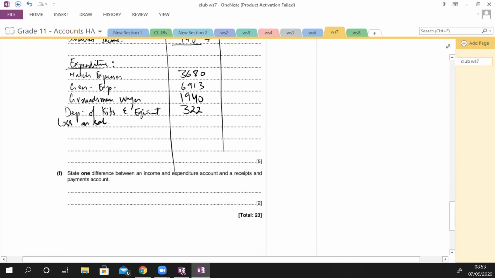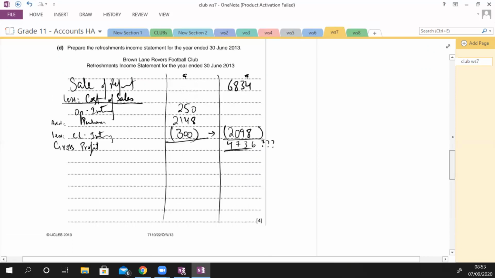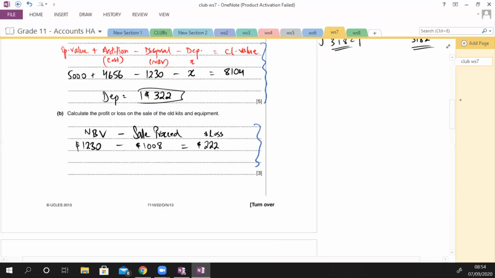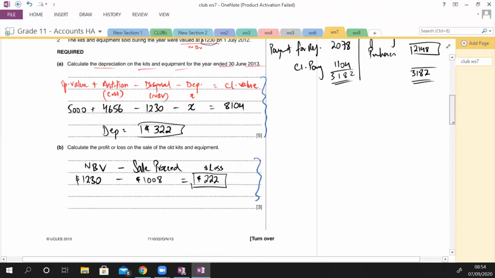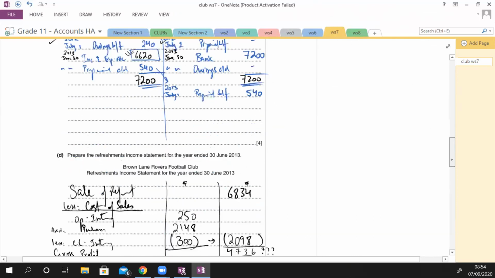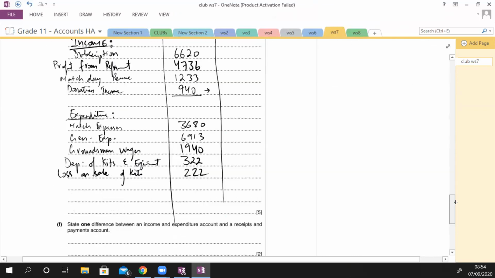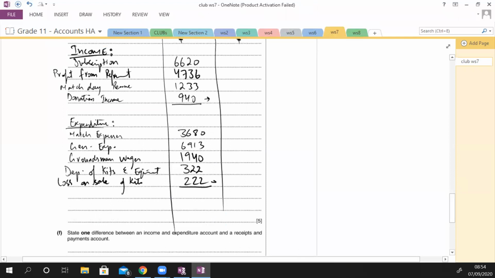Loss on sale of kits, 222. When you sold kits during the year, you incurred a loss of 222. This is also your expense. There's no other expense. This is the total of expenditures.